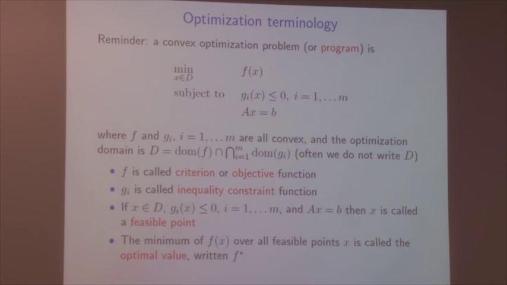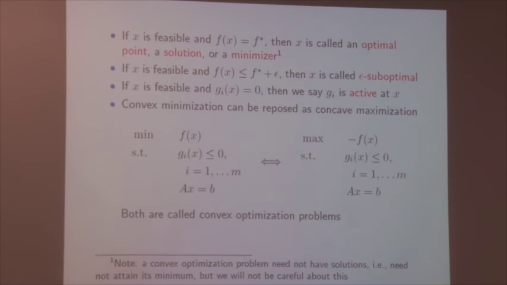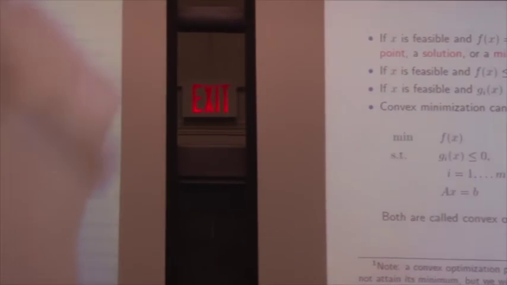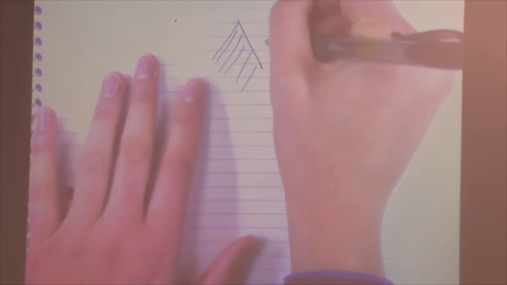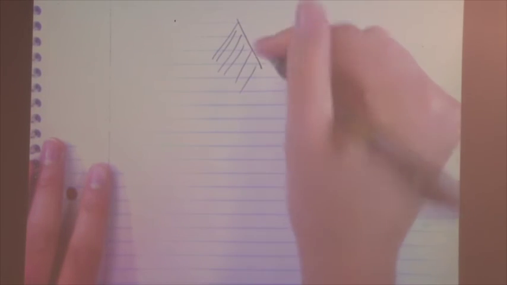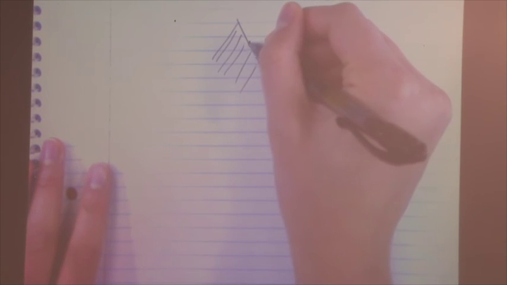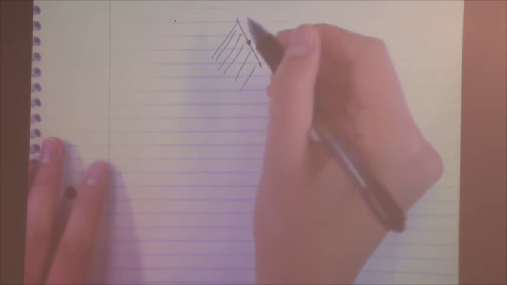Can you explain intuitively what active means? Yeah, sure. These inequality constraints are less than or equal to, right? So you can think about it as you have some boundary, and you want to make sure that your feasible point is on the other side of this boundary or at the boundary. If an inequality constraint is active, then that means that your feasible point is at the very edge.